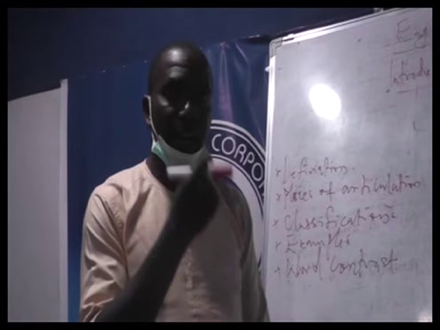Then the second one is fricatives. You have 9 sounds. Then you have affricates, which has 2 sounds. Nasals have 3 sounds. Laterals have 2 sounds, and glides also have 2 sounds.